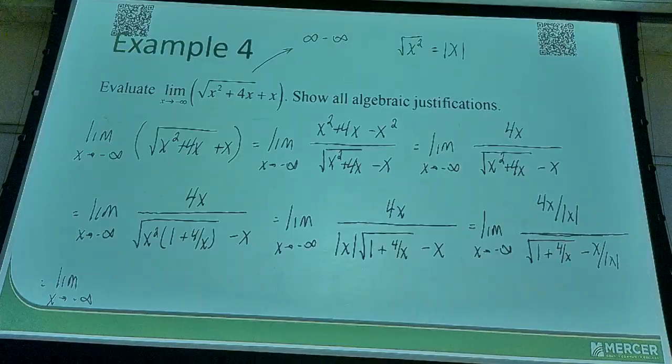Negative. So what does the absolute value of x become? Well, I agree, if you plug in a negative into the absolute value, it's going to give you a positive. But how would you represent that?